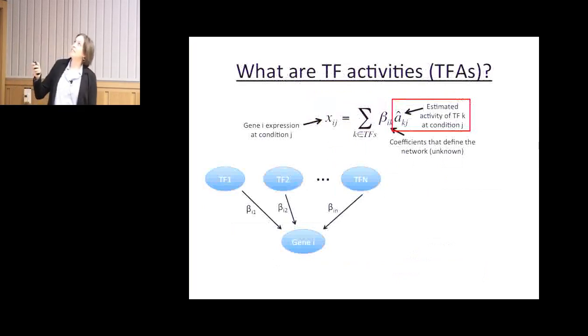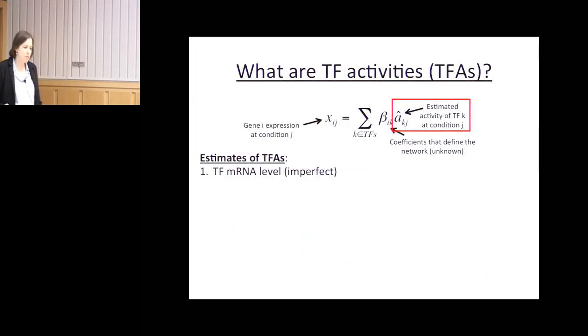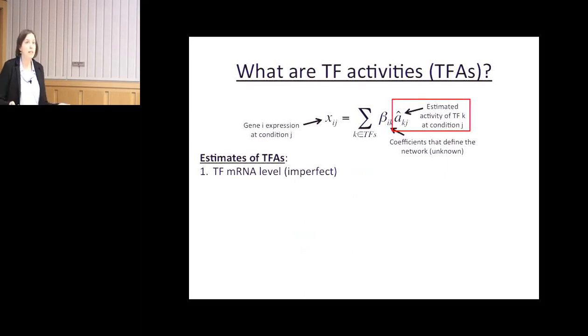The predictors. What actually are transcription factor activities? And until recently, people were estimating transcription factor activities by looking at the transcription factor's mRNA levels. And of course, this is imperfect because a lot happens between being a piece of mRNA and being an active transcription factor.